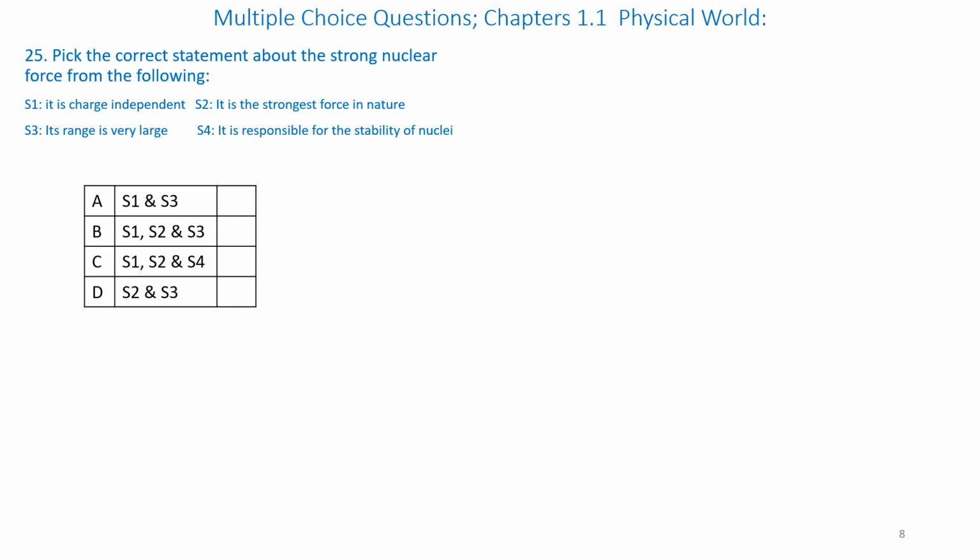And S4, it is responsible for the stability of nuclei. S1, S2 and S4 are correct, whereas S3 is wrong. Therefore, S1, S2, S4 is given in choice C. Please remember and mark it.